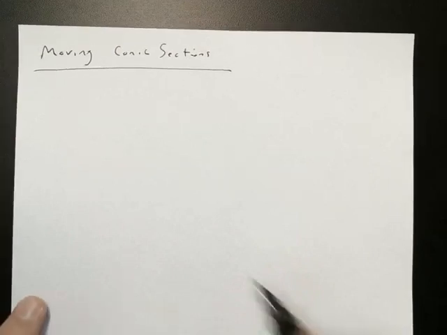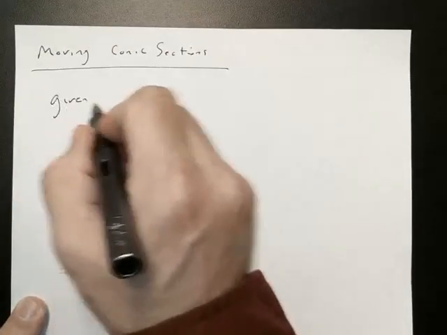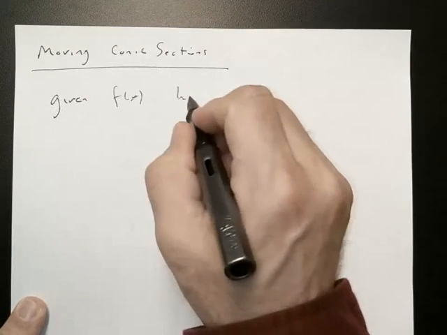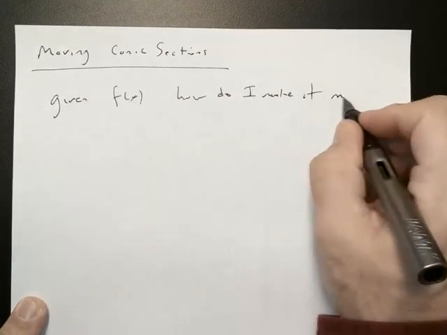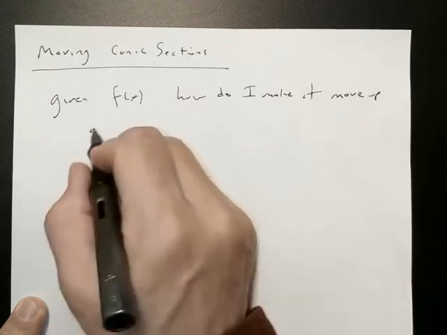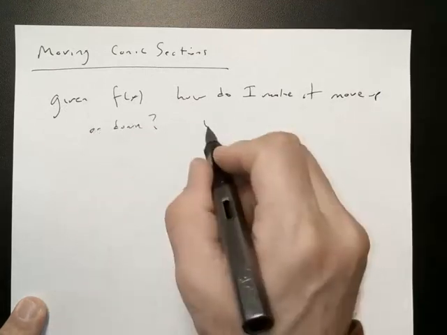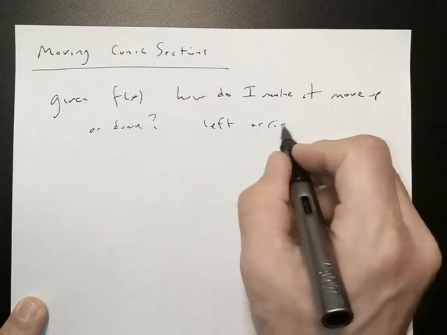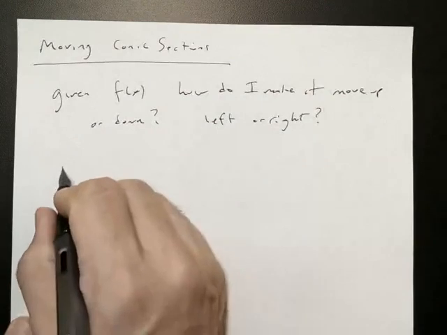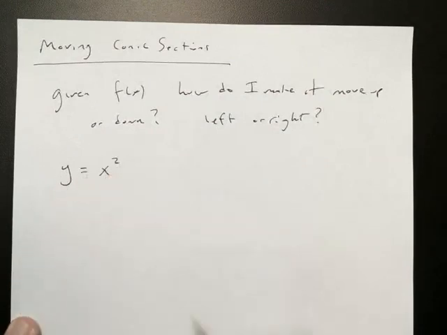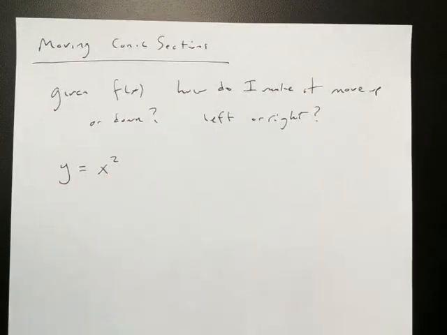let's think back about moving equations. We did this back in algebra in chapter 2. We looked at the effect on a graph. So here's a function, x squared.